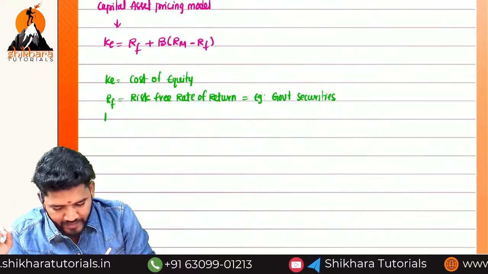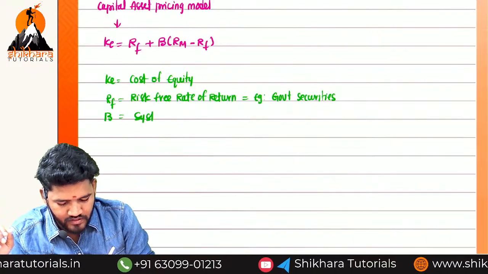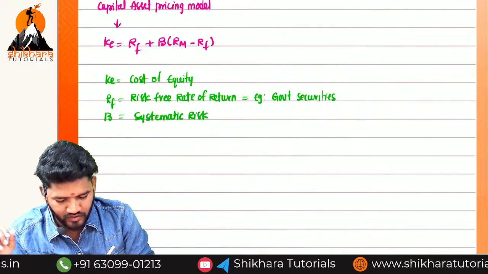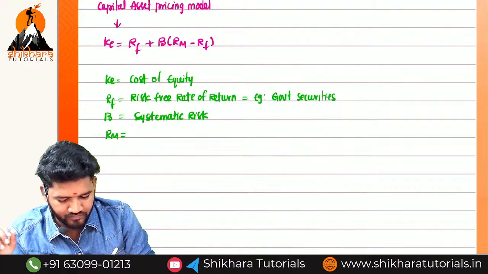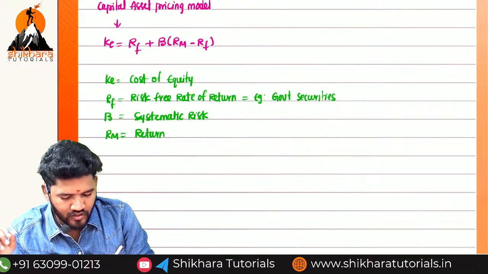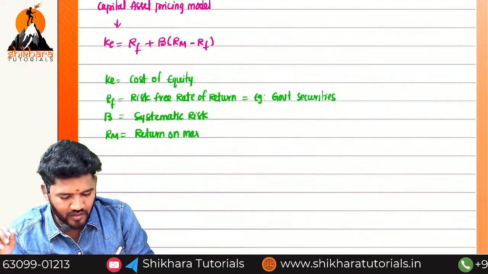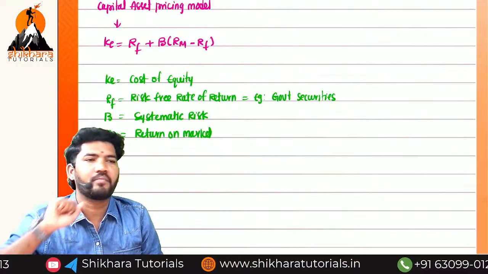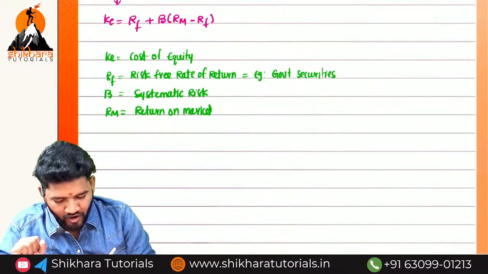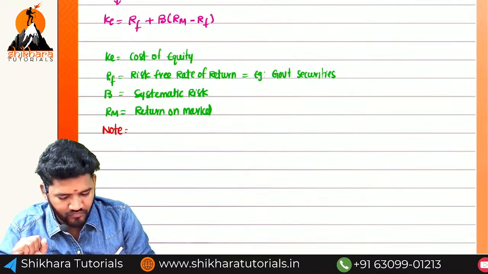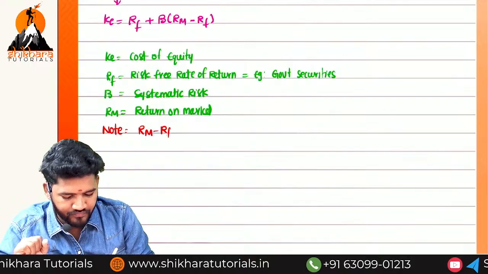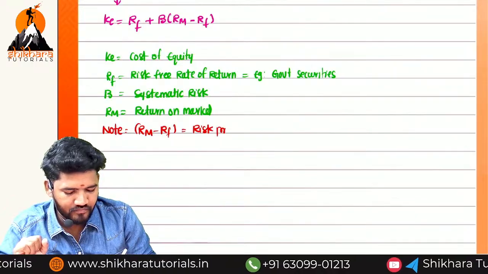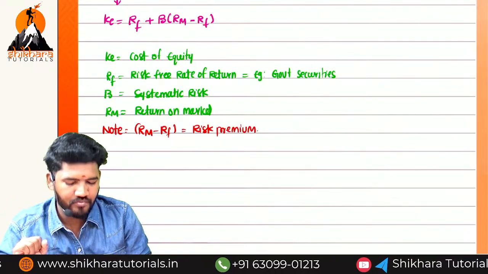Next, beta represents systematic risk. RM represents return on market or market return. Here market represents all companies, not an individual company. The note point you have to learn: RM minus RF is nothing but risk premium. That's about the concept.